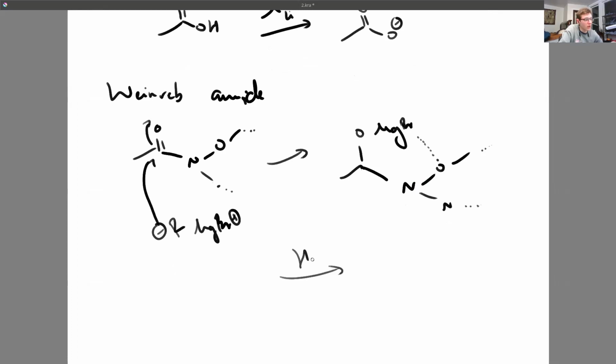Then you just do an aqueous workup. Oh, I should have added this R down here. This whole thing will come off with H3O plus.